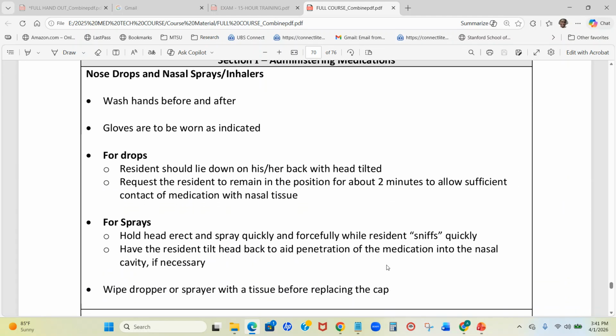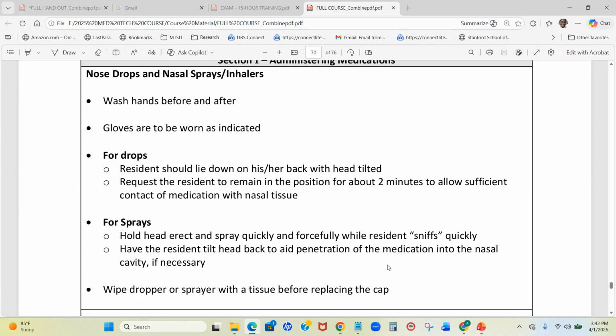All right. The nose drops and the nasal sprays, inhalers. Wash your hands as usual. Put on your gloves. Always put on your gloves. For the drops, residents should lie down on his or her back with head tilted.